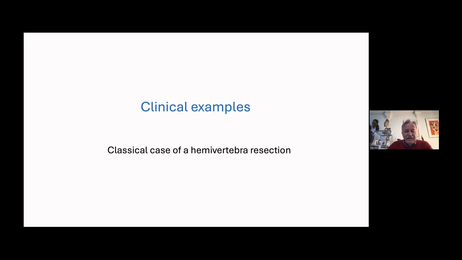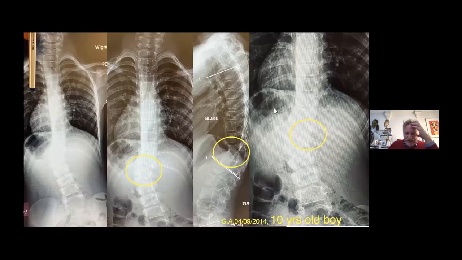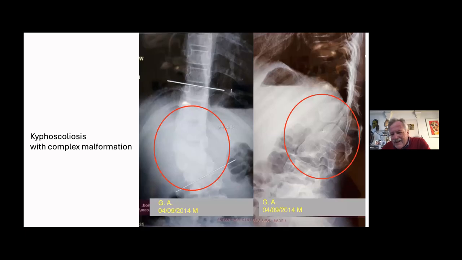There are some other clinical examples which I may very quickly show. There is here, for instance, a so-called classical hemivertebra in a 10-year-old boy. And you can already see in the simple X-ray that there is also a significant kyphosis, a malformation also in the sagittal plane.